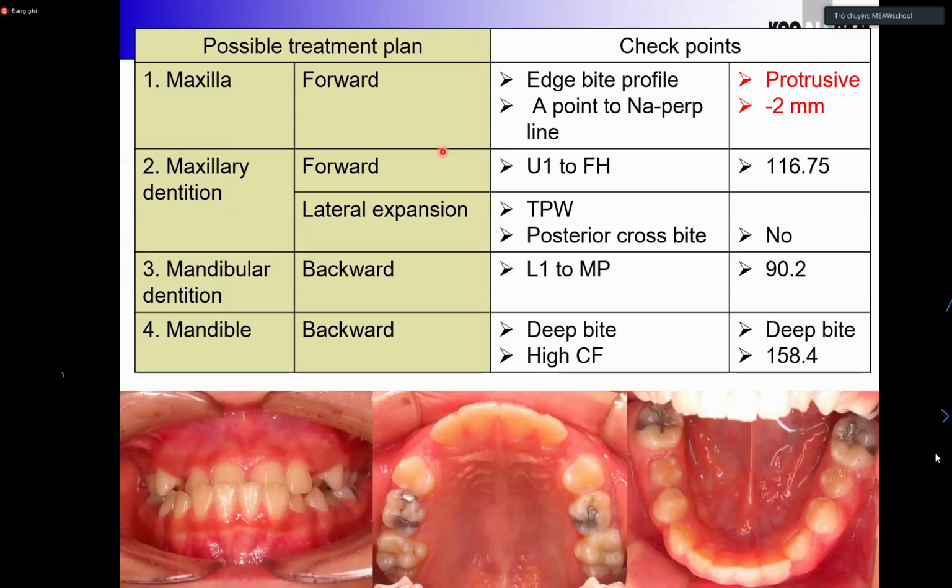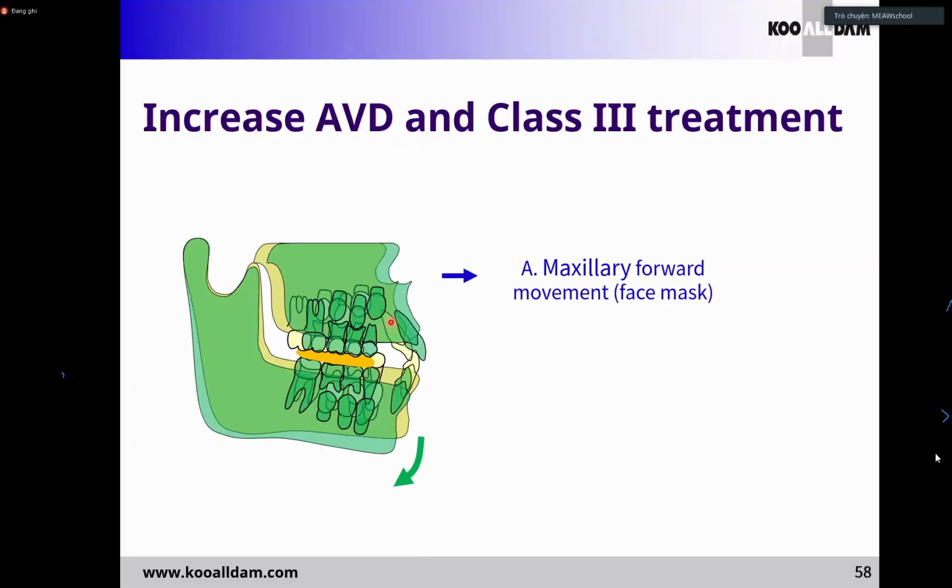This patient, you can see the protrusive profile in the lower jaw. And A point to esthetic perpendicular line is 2 millimeters backward. So for this patient, we want to increase the anterior vertical dimension.